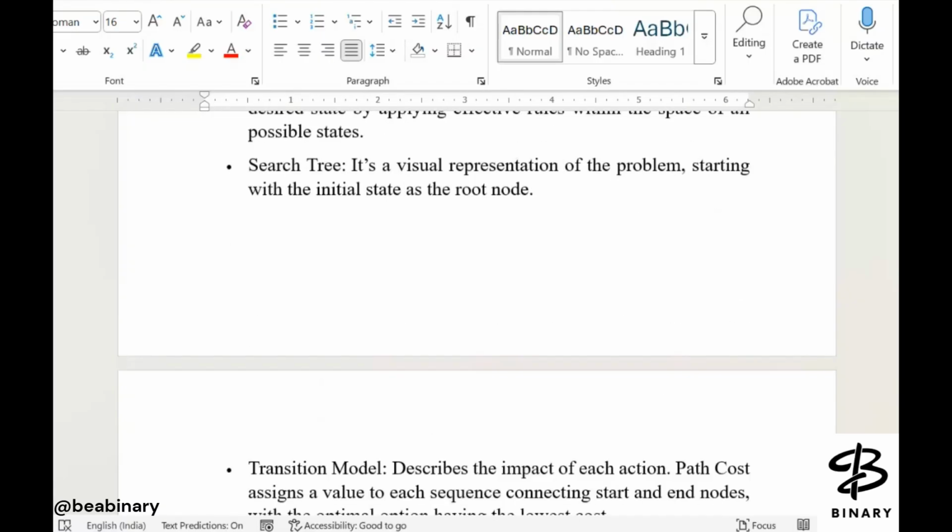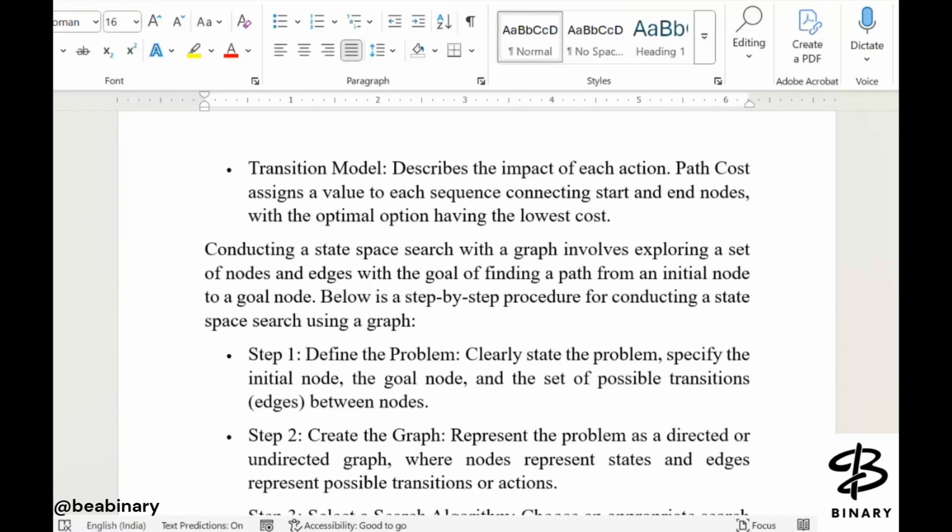Then the transition model, which we discussed in yesterday's lecture also, describes the impact of each action. Path cost assigns a value to each sequence connecting the start and end nodes, with the optimal option having the lowest cost. So we have discussed a few terms that we will need in state space search.